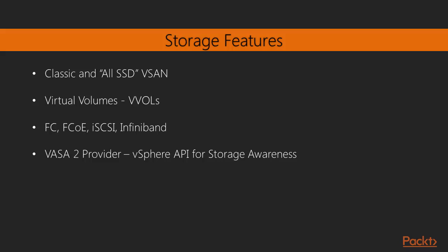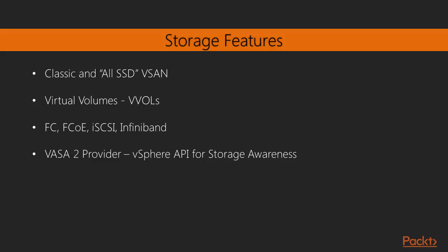Let's talk about Fibre Channel, FCoE, iSCSI and InfiniBand. These have all been supported for a very, very long time. FCoE is becoming quite popular now, but iSCSI is making a comeback as well, especially with the new SSD-based storage devices where iSCSI is readily available and it's very fast, very effective.